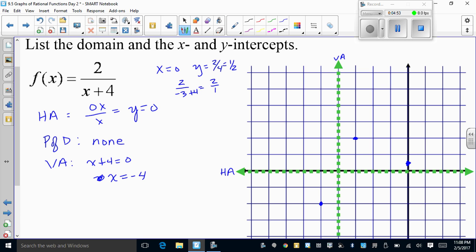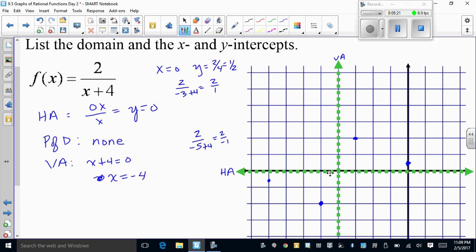Okay, and now to show that this really is, if I put negative 5 in, I'll have 2 over negative 5 plus 4, which is 2 over negative 1. And this point is down 2, 1, 2, 3, 4. And that's all you have to do. Very symmetric about this spot right here.